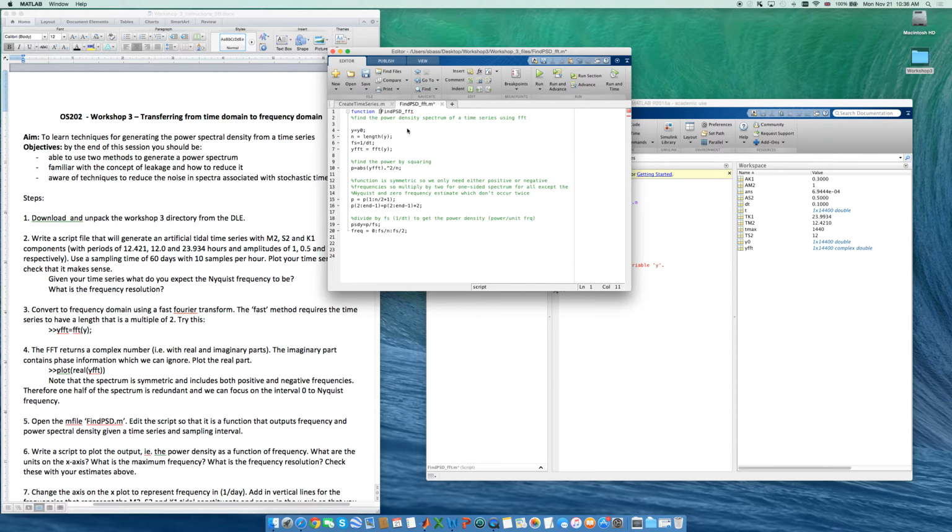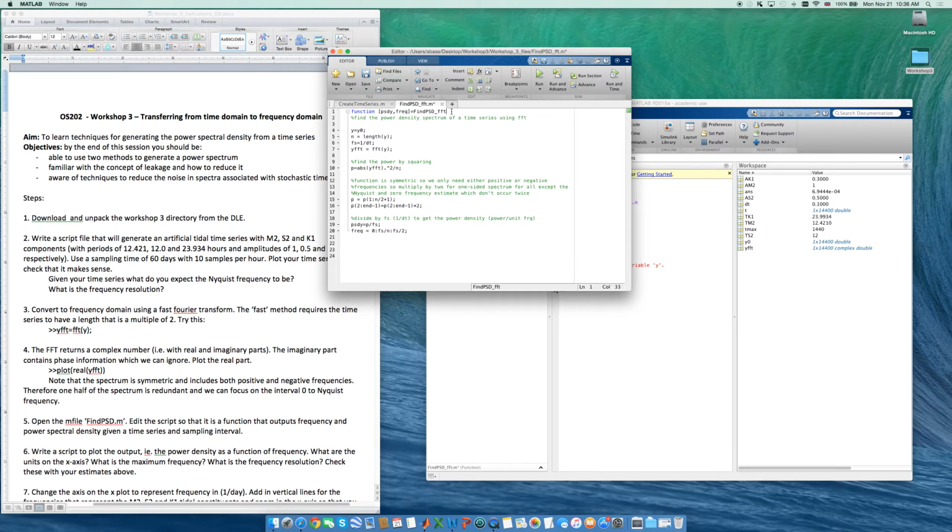So we want it to output the frequency and also the power spectrum as well. So we put in output PSDy and frequency. I don't know if I need that space, I'll get rid of it.